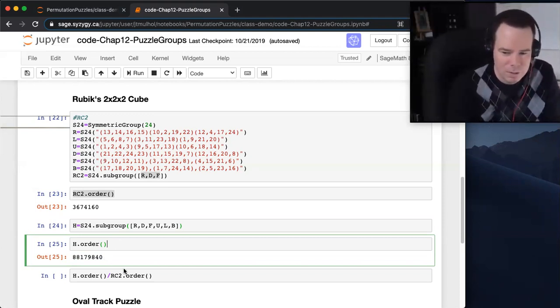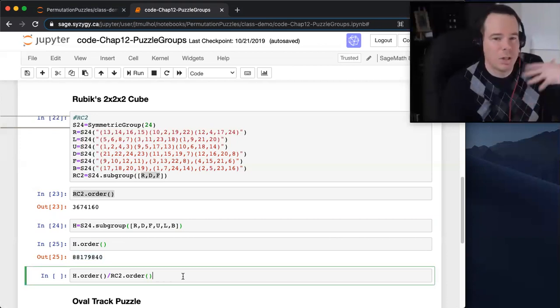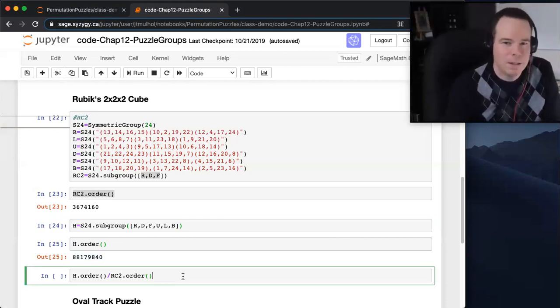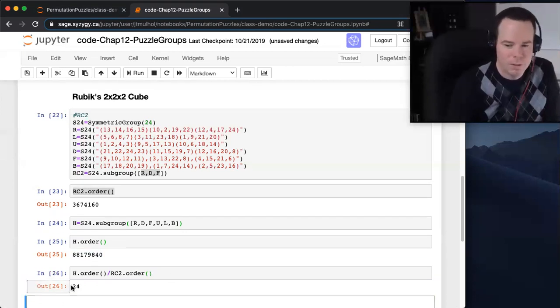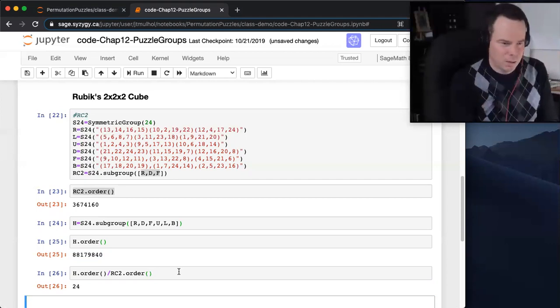And so what that means is I would expect that the order of H divided by the order of RC3, or how much I overcounted by, is the number of symmetries of a cube. And so when I do that, I get an answer of 24, and that's precisely how many symmetries there are of a cube.